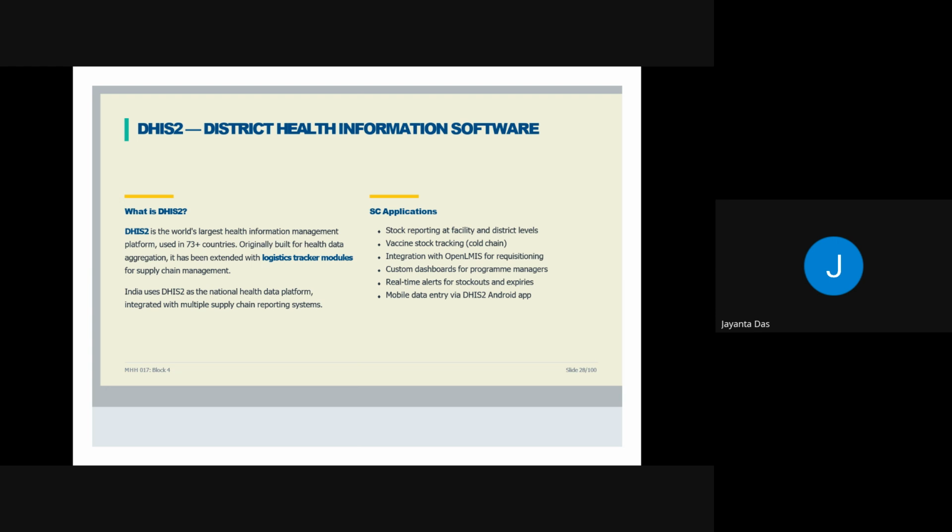Real-time alerts for stock-outs and expiries, and mobile data entry via the DHIS2 Android app. So these are available on mobiles also. It is not that every time you will require a PC or net facility. You can do it from anywhere, at any center, with your mobile in your hand.